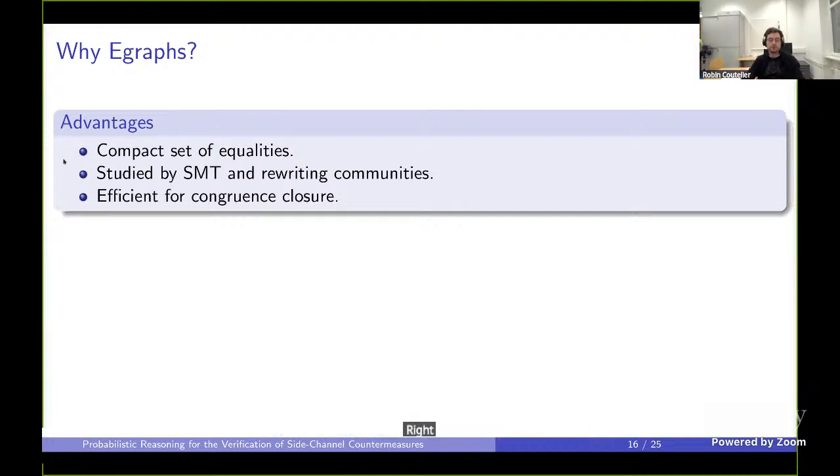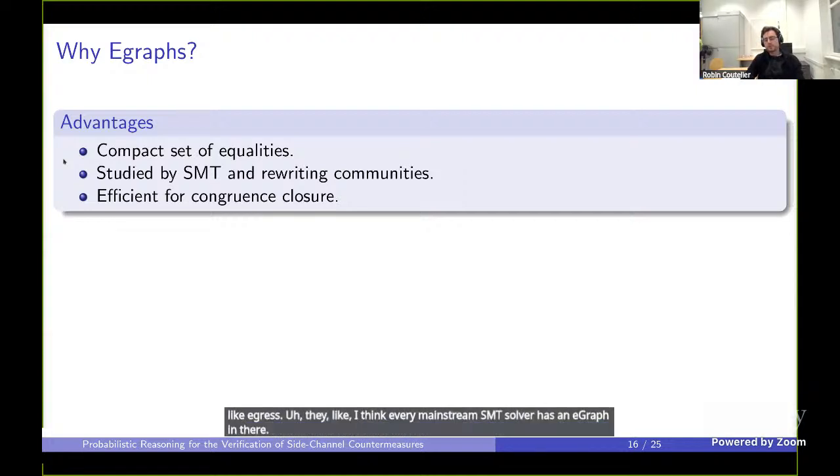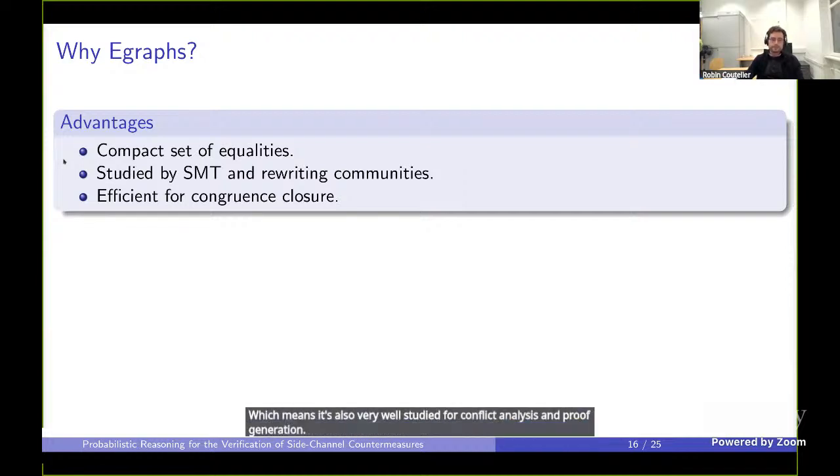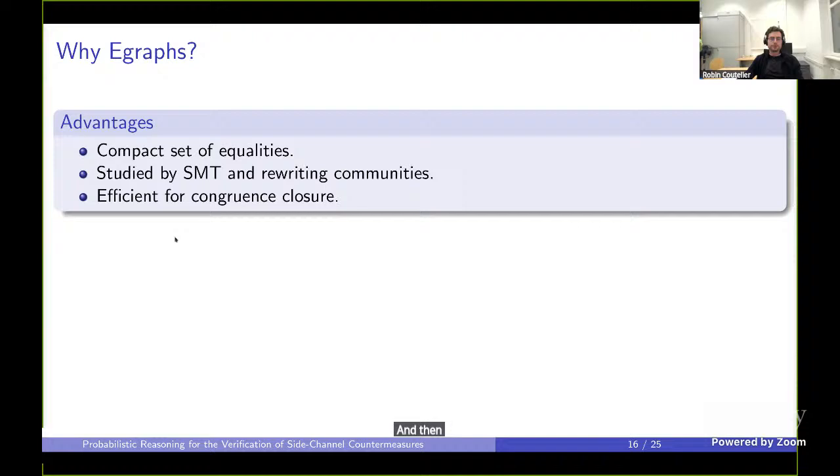And egraphs do that. The other thing is SMT solvers already like egraphs. I think every mainstream SMT solver has an egraph in there, which means it's also very well studied for conflict analysis and proof generation. And then efficient congruence closure is also a pretty nice side effect of egraphs.